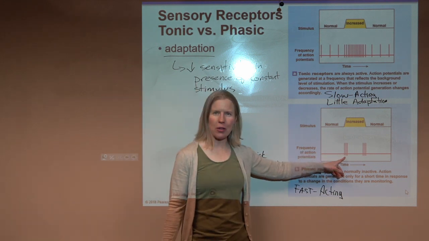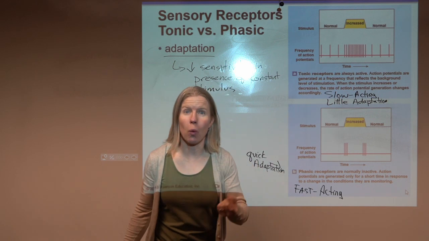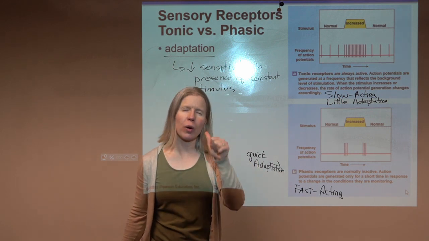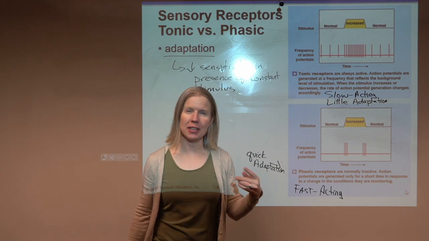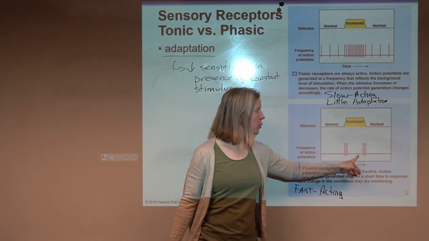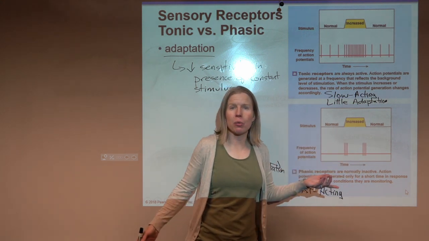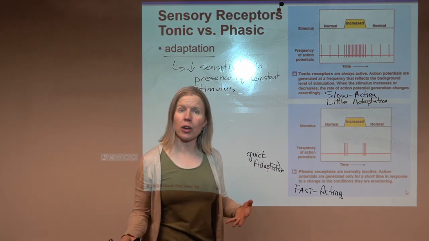So, and notice how this works, right? You walk into a warm classroom and you notice it's warm because boom, boom, boom, we're getting information sent to the brain about this change that has occurred in temperature. But once you sit in the room for a while, you stop sending information to the brain, and so you kind of adjust to it, right? Unless it's like extremely hot, you're gonna get used to it.